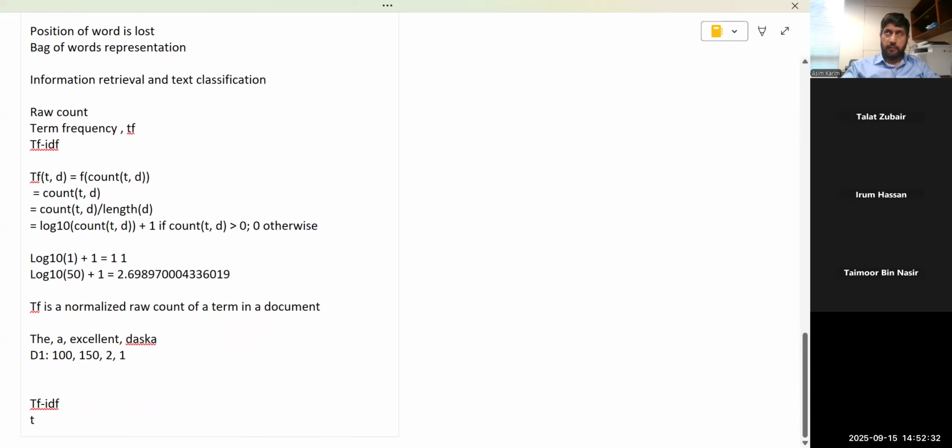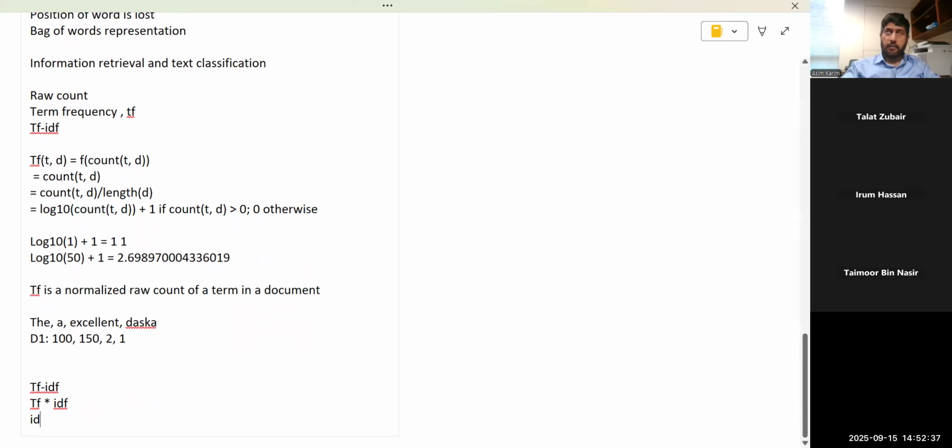Okay, so TF-IDF is basically TF times IDF. IDF is also computed for each term in a document, and I will write this formula, but I think maybe we'll discuss this in more detail next class.